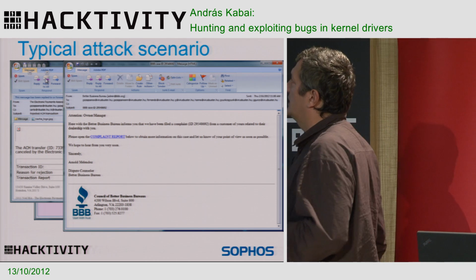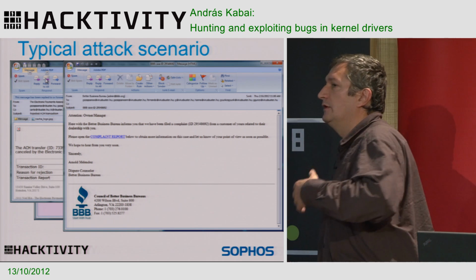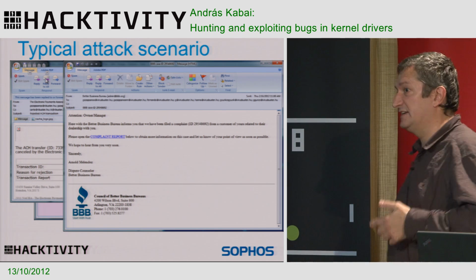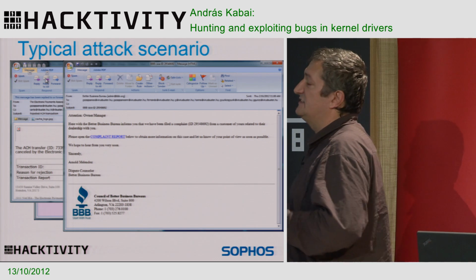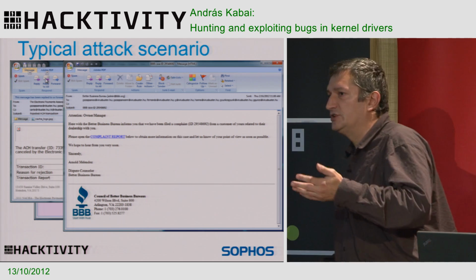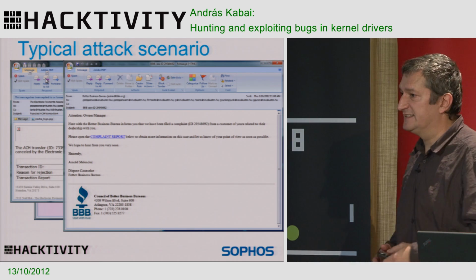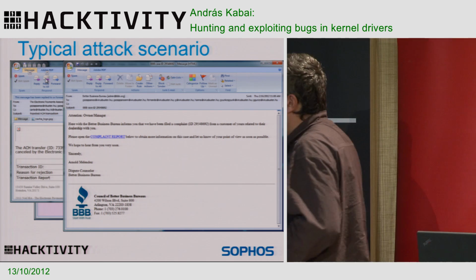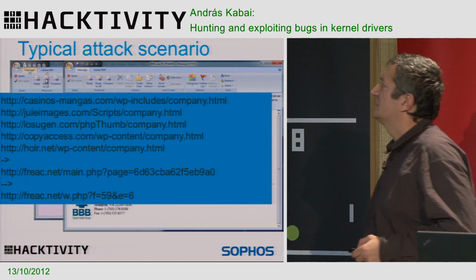All these letters were coming from some sort of official organization like Internal Revenue Service, DHL, Better Business Bureau, and NASA online paying services. So these were all some official looking emails.